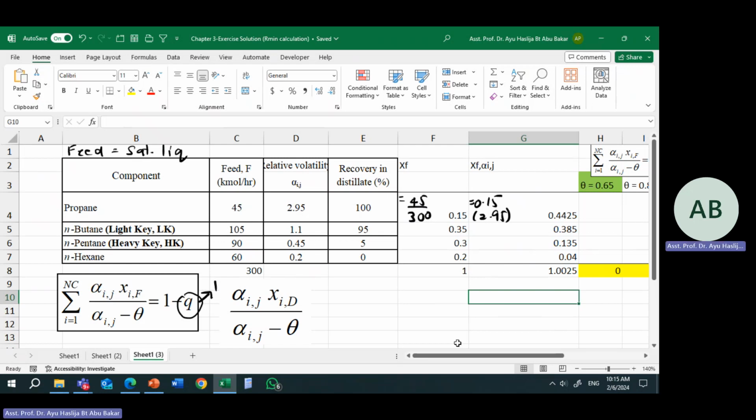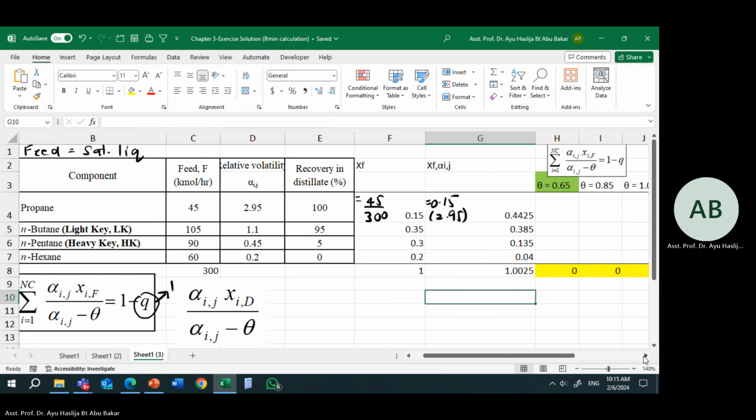Let me know if I go too fast. Then how do you determine the theta value?